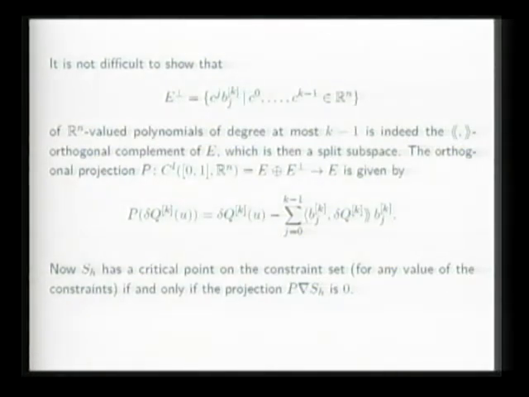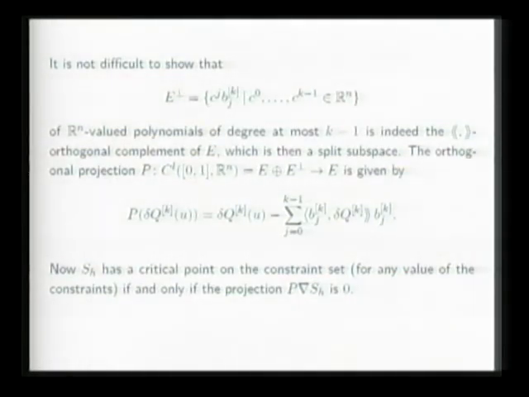Okay, these Bj were these orthogonal polynomials. These coefficients are now vectors, and it is not difficult to show that the orthogonal of the kernel of the constraints is this finite dimensional space of vector-valued polynomials.